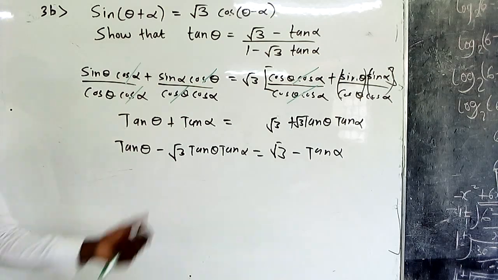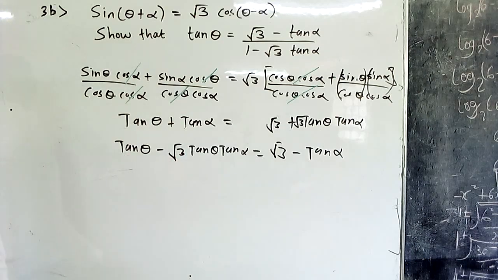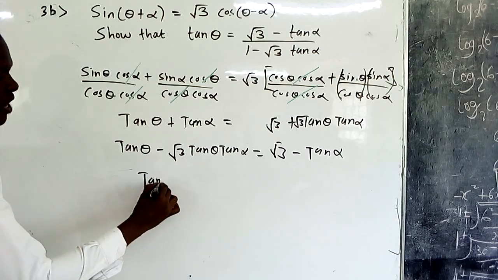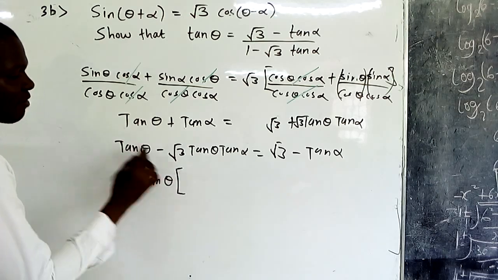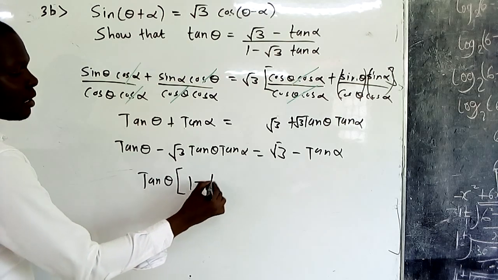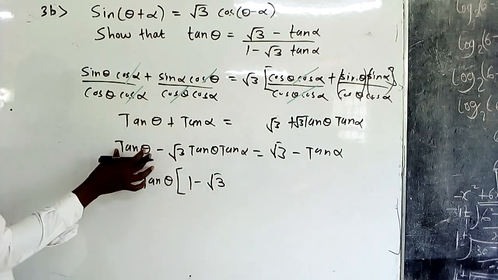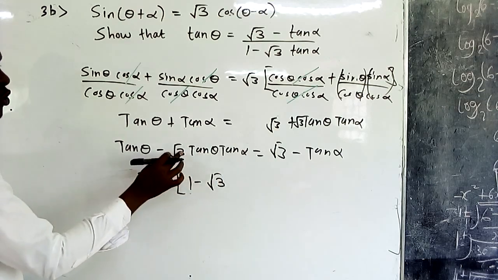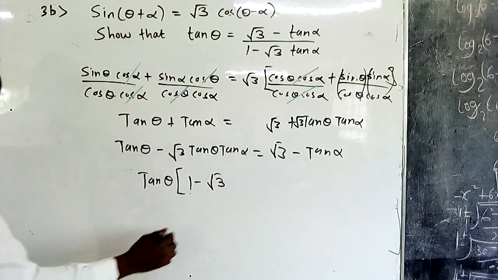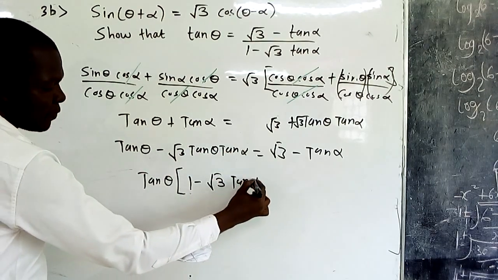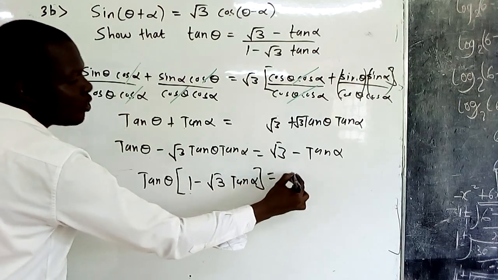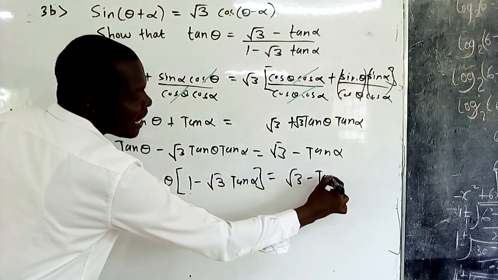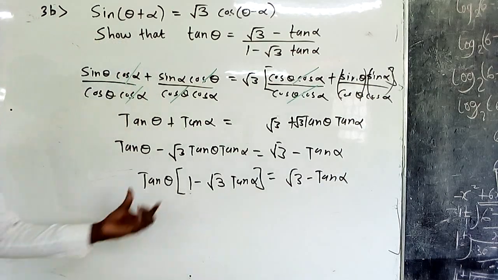So you can see tan θ is a common factor, isn't it? So when you factorize out tan θ, what do we have there? 1 minus, when you factorize tan θ, yes, you remain with 1. When you remove tan θ, yes, you remain with √3 tan α, to be equal to √3 minus tan α. So we want tan θ.